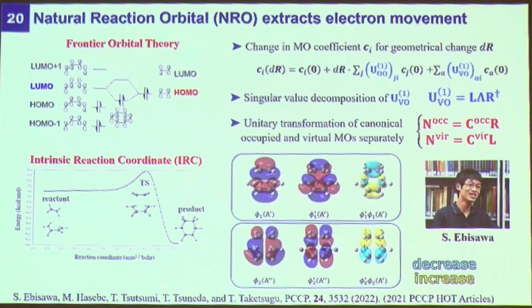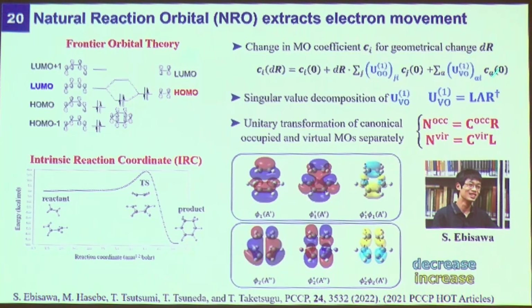And occupied orbital mixing is not so important, and occupied and virtual orbitals normally do not mix with each other, but intuitively, in the transition state region, occupied orbital and virtual orbital mixing occurs, and the orbital features change.